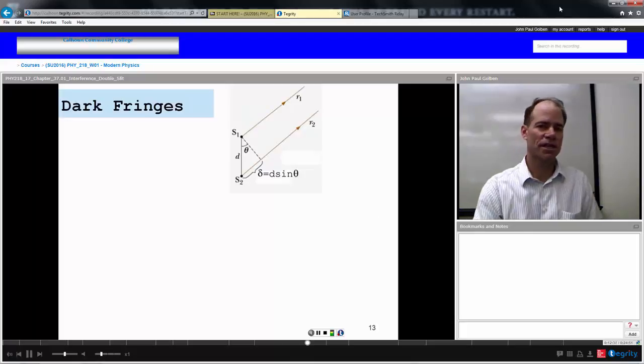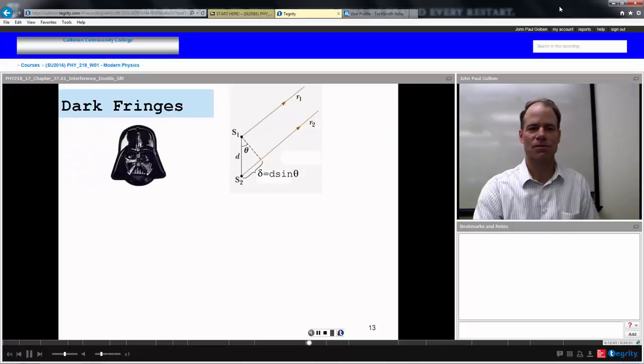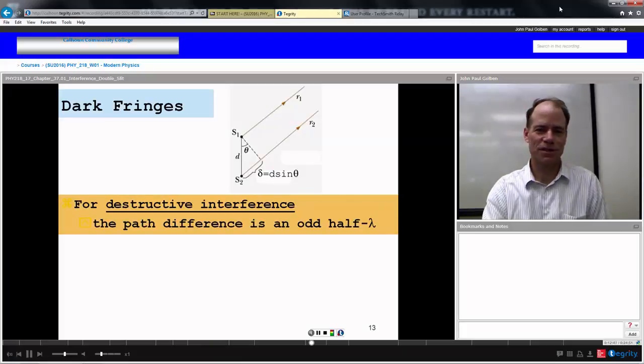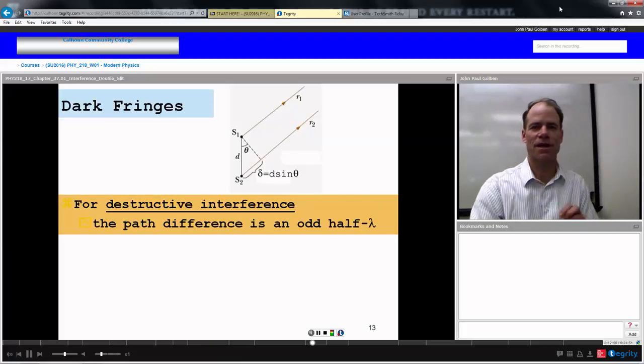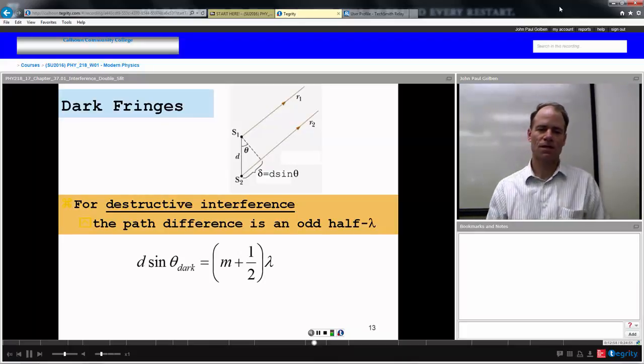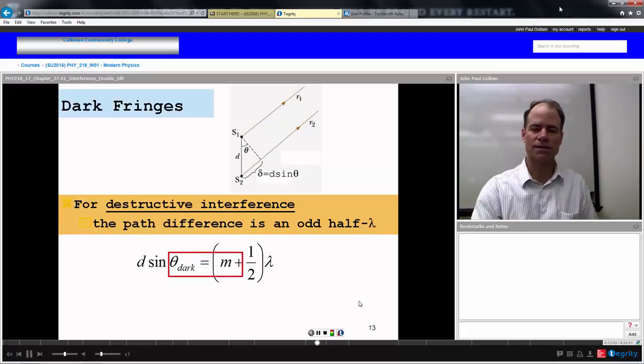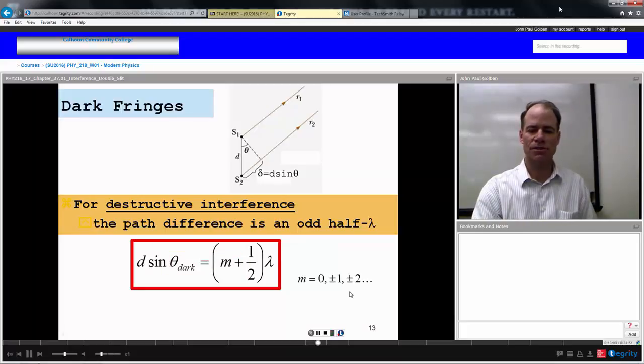We could also get dark fringes. For destructive interference, we need the path difference to be an odd half integer, so that our path difference d sine theta for dark fringes is equal to m plus 1/2 times lambda, where m again in this case is an integer.